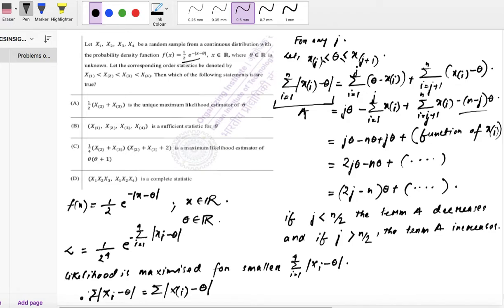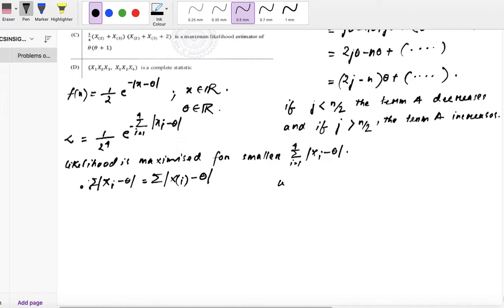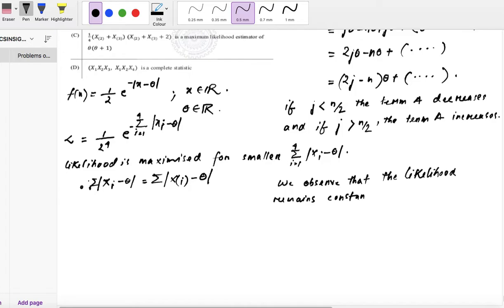So what we observe is that the likelihood remains constant within x n by 2 and x n by 2 plus 1, right?